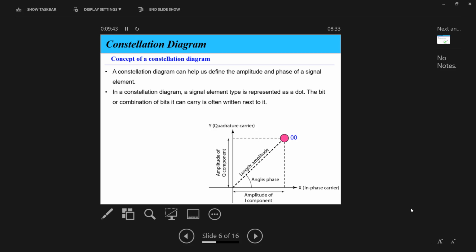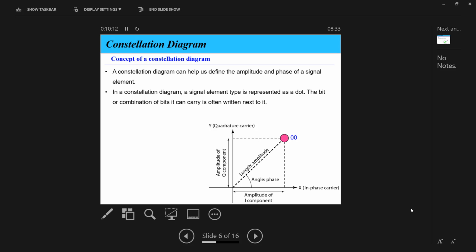So that is BPSK. We have an in-phase carrier and a quadrature carrier. To represent any combination or level, we represent it by one point on this x-axis, y-axis. And near this point, we write our value of combination or level.